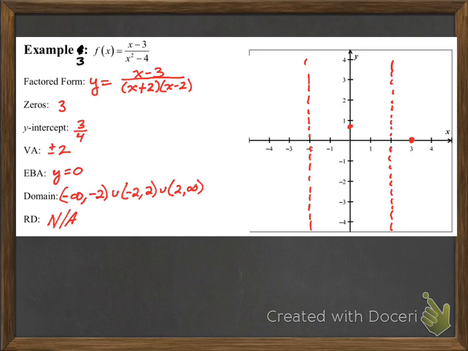All right, so just to sketch out the rest of the graph, the rest of the graph is going to look like this in this section. It's going to come down, and it's a little lopsided here. This part of the graph right here is not symmetrical.